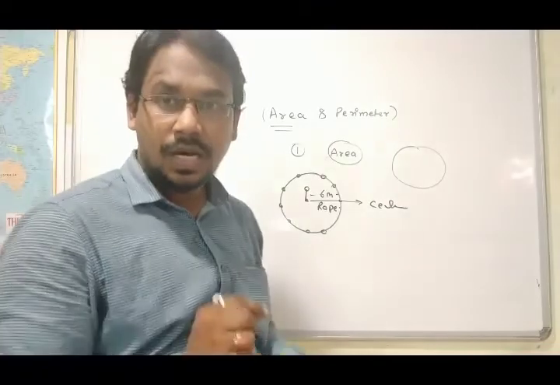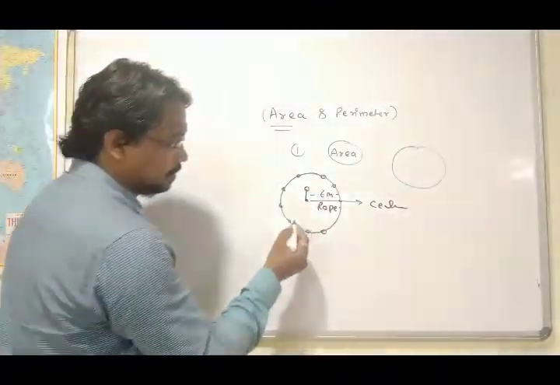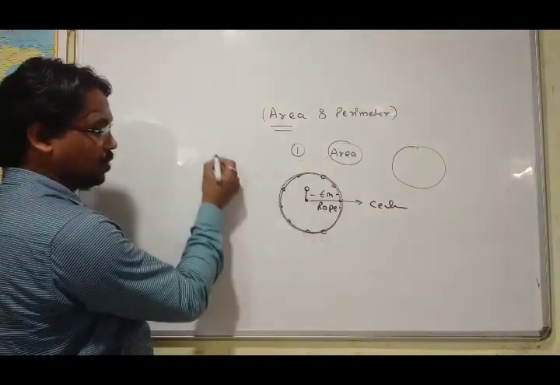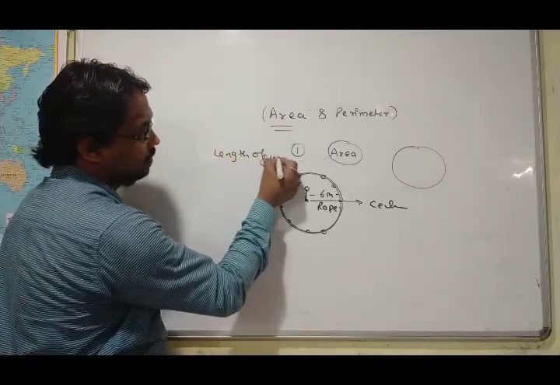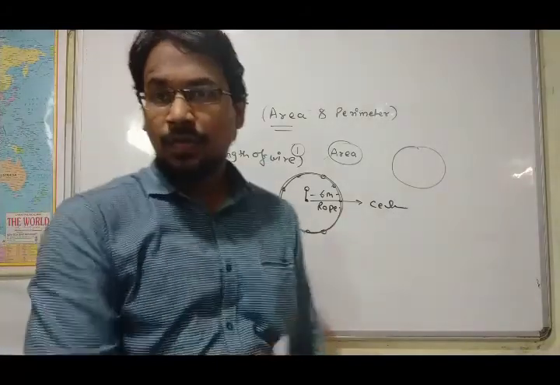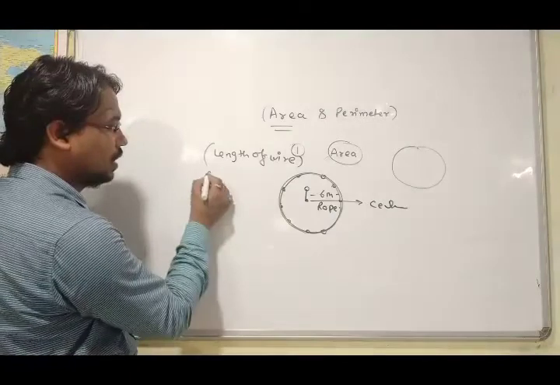After making this circle, they counted the length of the wire used in it. So this length of the wire is called the circumference of the circle.